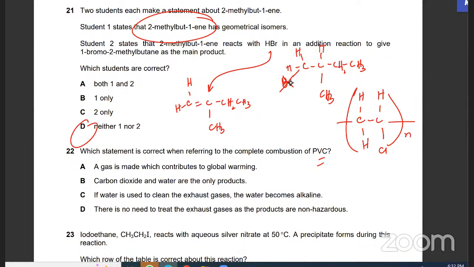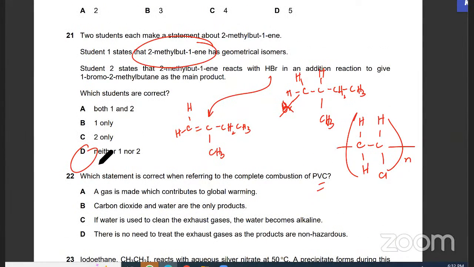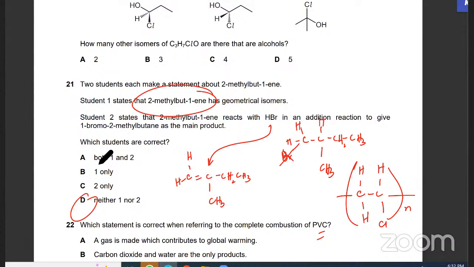So that means student number 2 is incorrect. What about student 1? Does this show geometric isomers? No. So both of them are wrong, clearly.